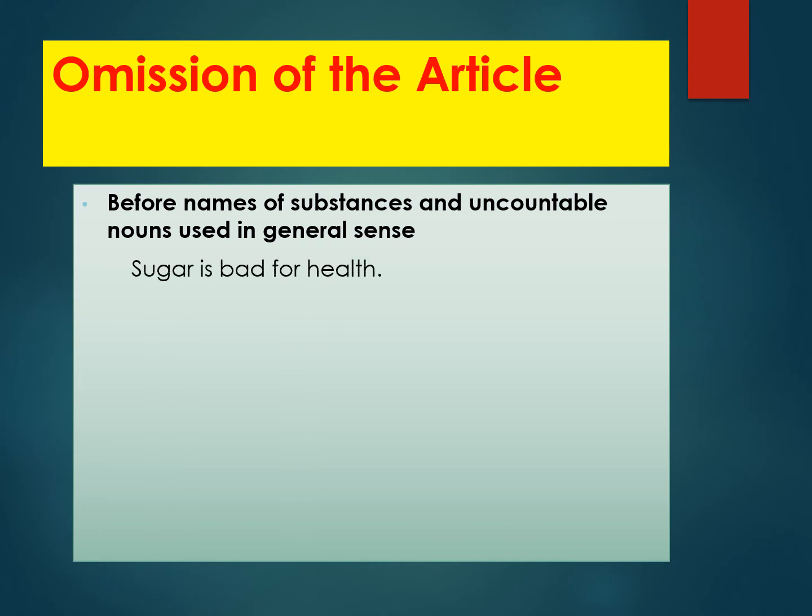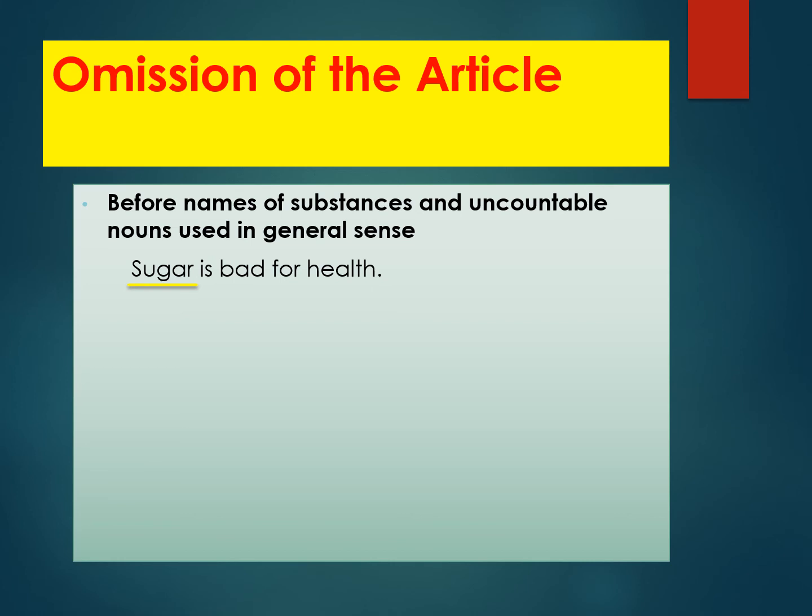Example, sugar is bad for health. Here, sugar is a noun. It is the name of a substance. Sugar is also an uncountable noun. Here, sugar is used in general sense also. That's why the article is omitted before the noun sugar.